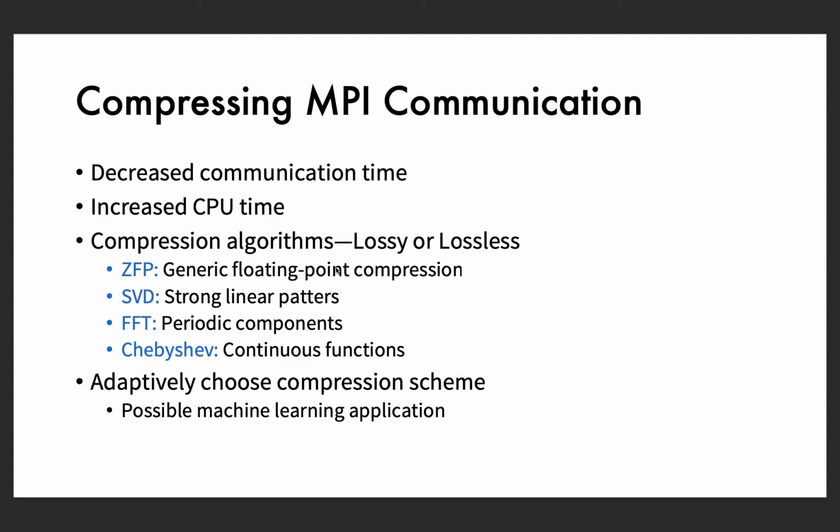Do I really need to communicate 64-bit, double precision numbers for every single value? Is it sufficient to use single precision numbers, cutting the number of bits in half? Is it possible to find even greater savings?